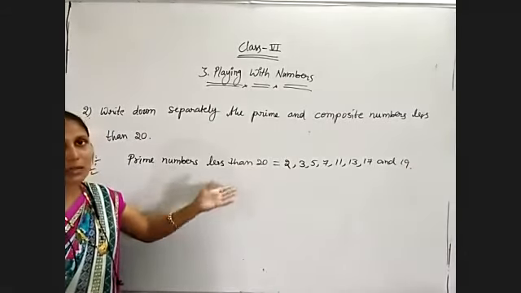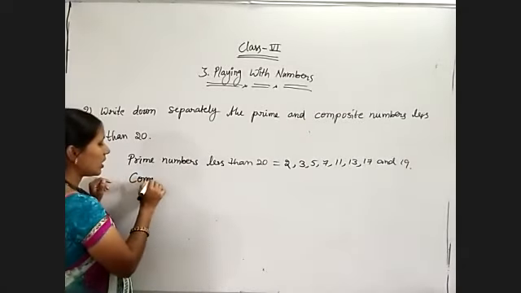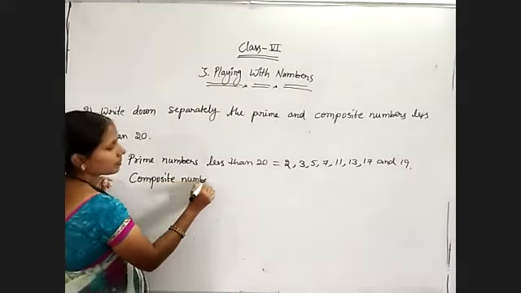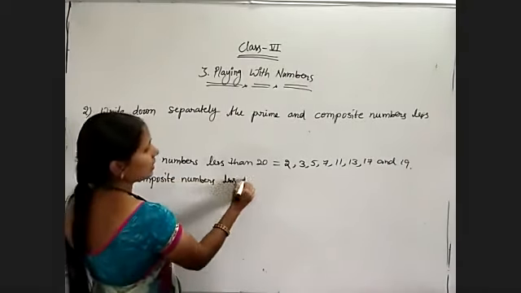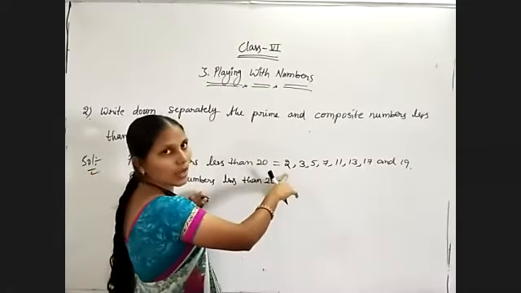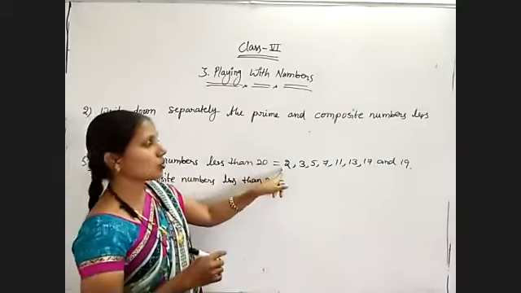Composite numbers are nothing but not prime numbers. So identify which are not prime numbers. Composite numbers less than 20: 1 is not a composite number, not a prime, not a composite. 2 prime, 3 prime.